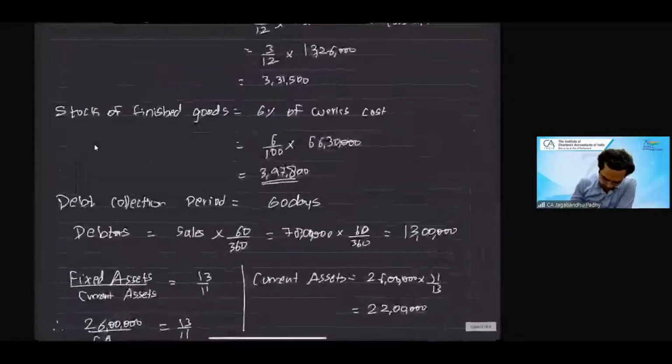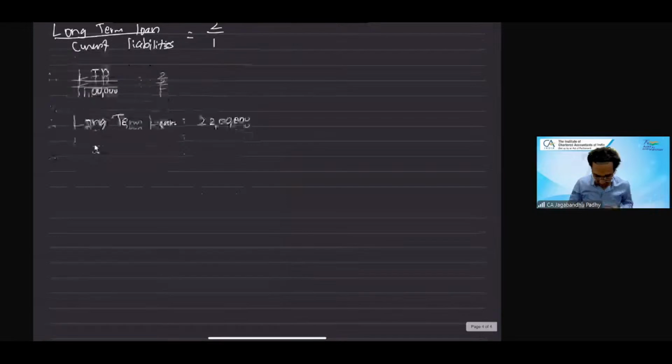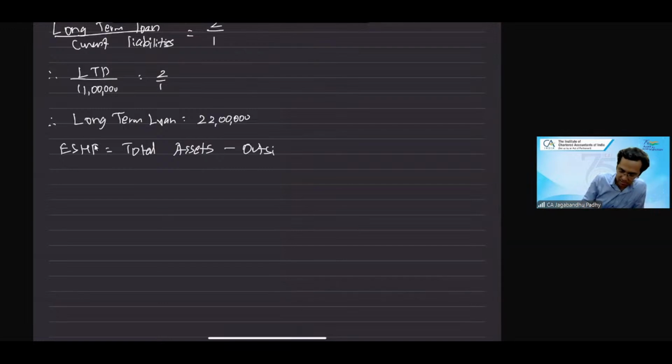Now equity share capital and reserves are what remain. For that, they have given us the ratio of capital to reserves and surplus. For that we'll need the net assets. So we can say equity shareholders' funds will be total assets minus outside liabilities. What's the value of total assets?